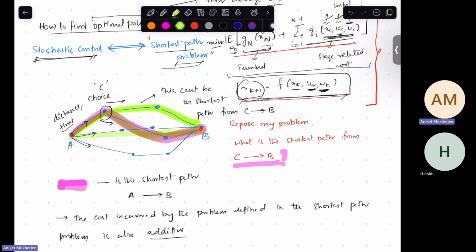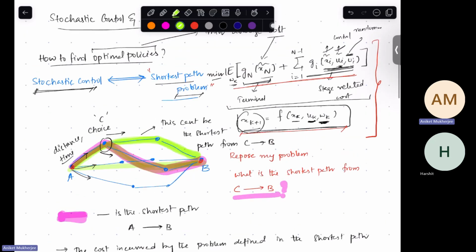Stochastic control also has a similar formulation, and one of the main similarities is in the stochastic control problem, you can see the cost is added at each stage, similar to the shortest path problem where the cost is added at each stage. So in the first step, you add your distance.